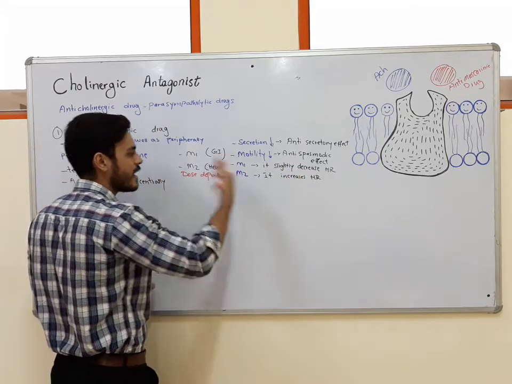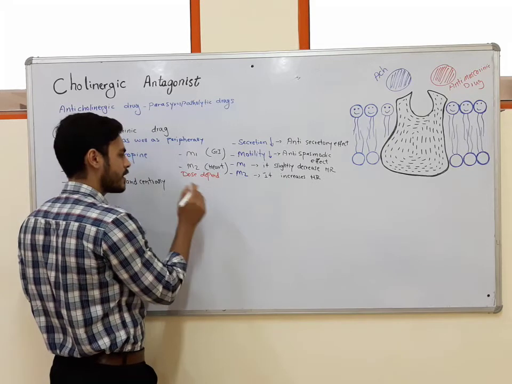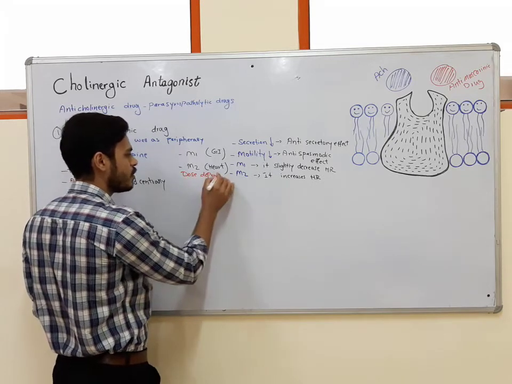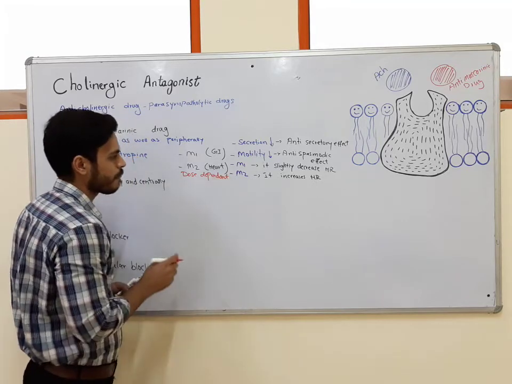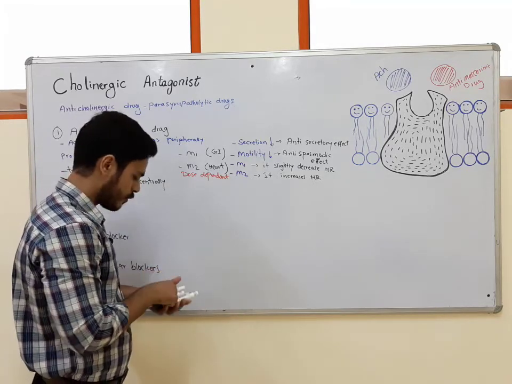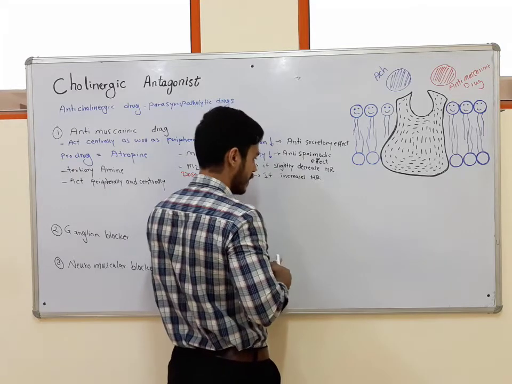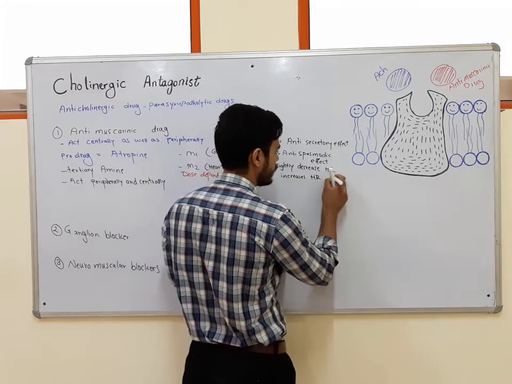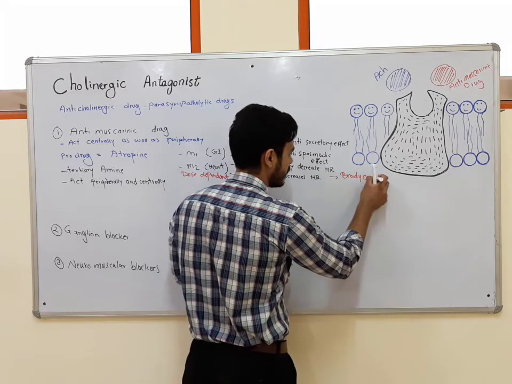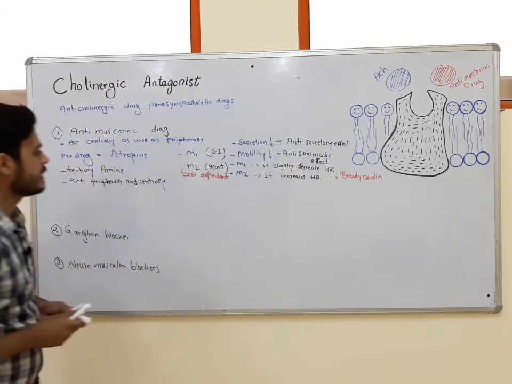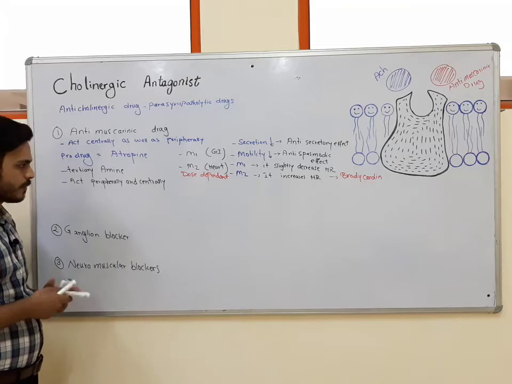When we give it in higher doses, it can increase the heart rate. And we can use atropine for treatment of bradycardia. This was the second action of atropine.